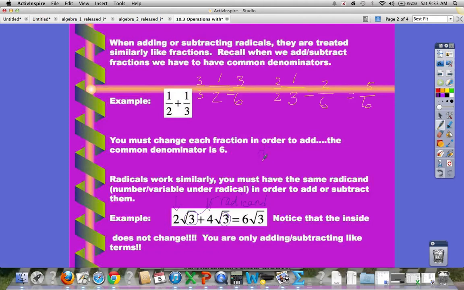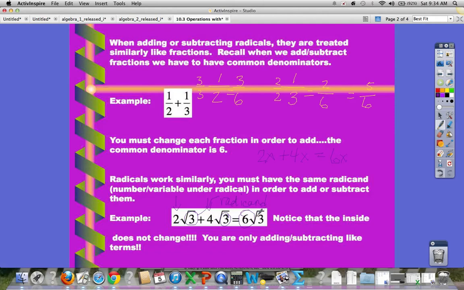If you had 2x plus 4x, you would tell me that is 6x. That's what you're doing here. The common term is the square root of 3. So we would just add 2 plus 4, and that makes 6, and then square root of 3. Just like when we added the 2x and the 4x, we did not do anything with the exponents. We don't do anything to the radical either. So it's just 6 square root of 3.